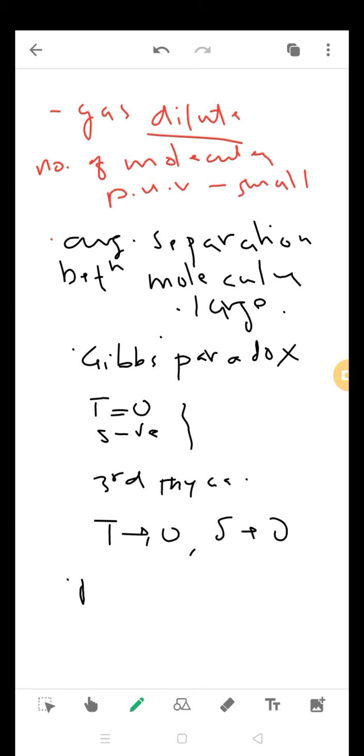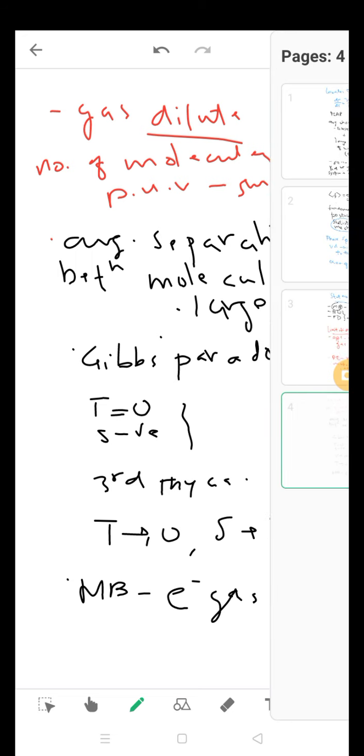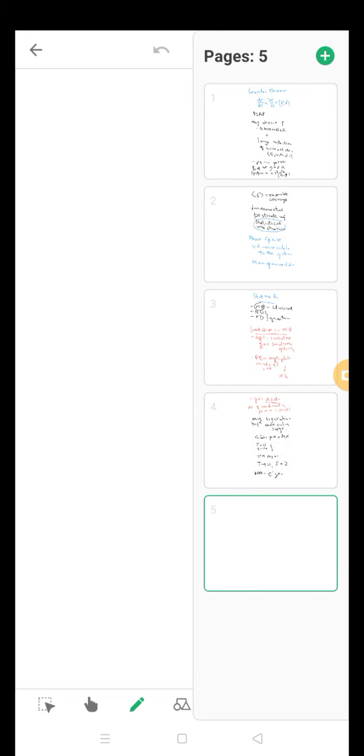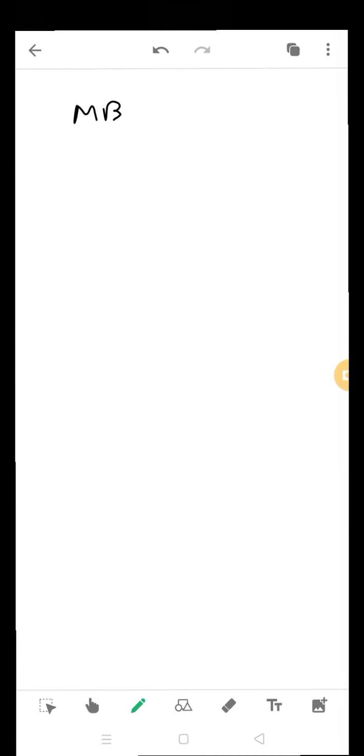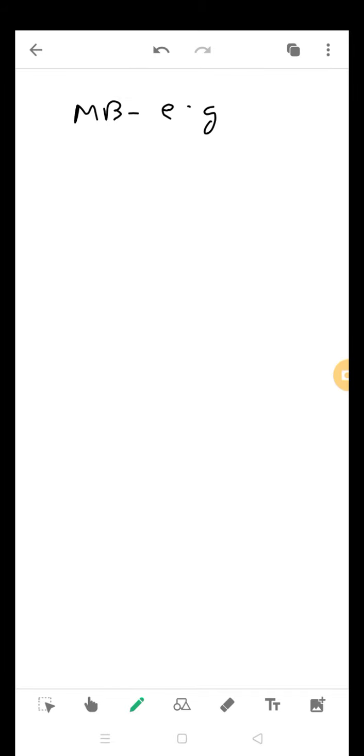And this MB distribution actually cannot be applied to electron gas. So let us discuss how. We usually use an FD system for electron gas, but let us see why MB is not applicable, because had it been used for electron gas, what limitations would have happened?